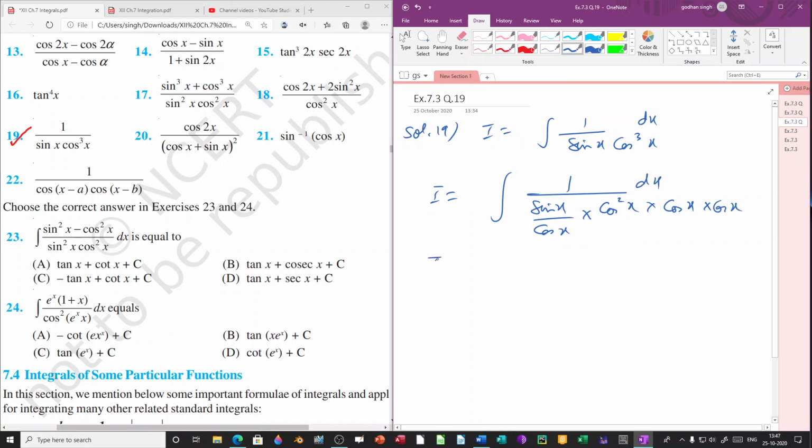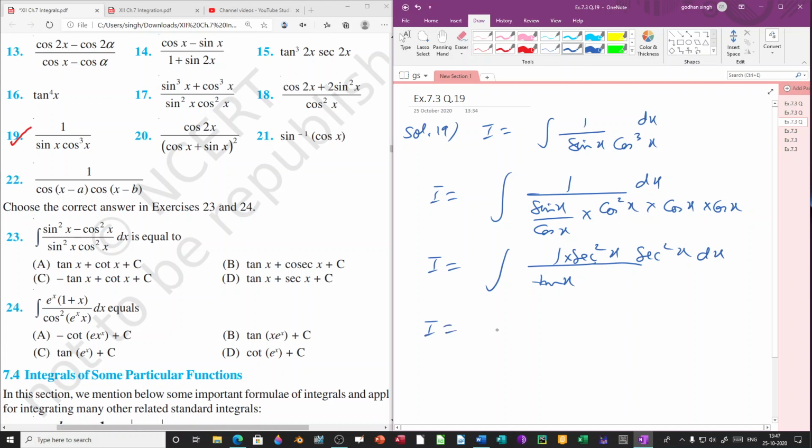So, I equal to, 1 by sin x cos x can be written as 1 by tan x, then this cos square x we can take in the numerator, and it will become sec square x into, again this second part also we are having cos x into cos x, that is sec square x, and dx.